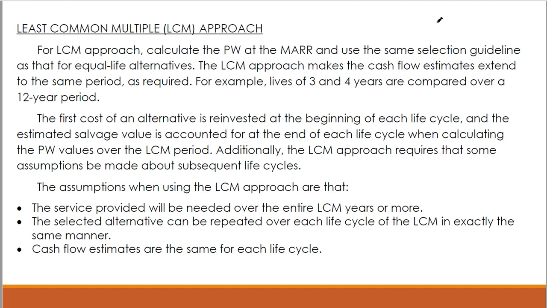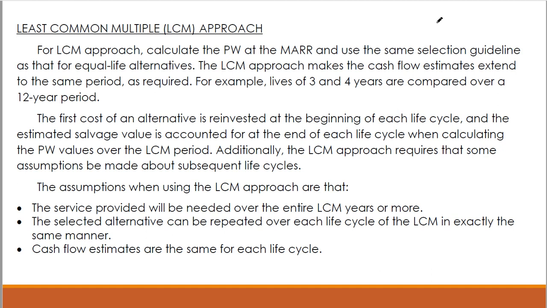So if we have two alternatives, for example two projects, we're going to compute for the least common multiple. An example is, for example, we have lives of 3 and 4 years. So one project's life is 3 years, another project's life is 4 years.